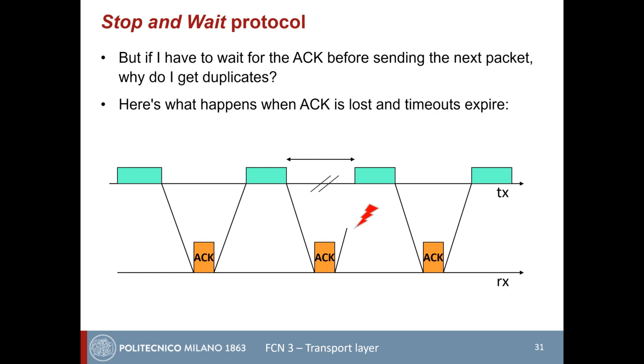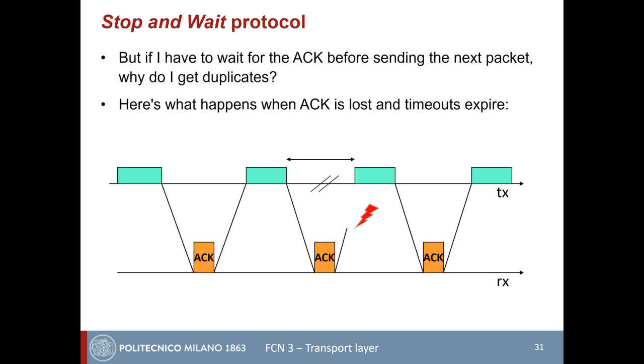The reason is represented by this case. What happens if the ARQ is lost and the timeout expires? In this case, the sender sends a packet, and the packet is correctly received.